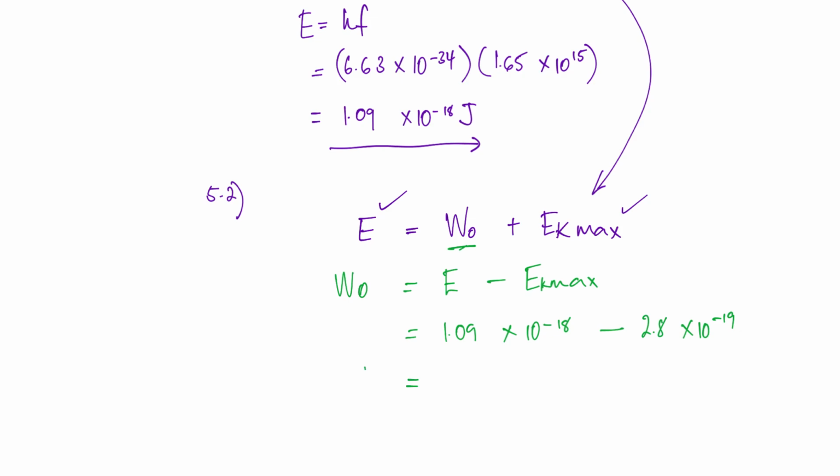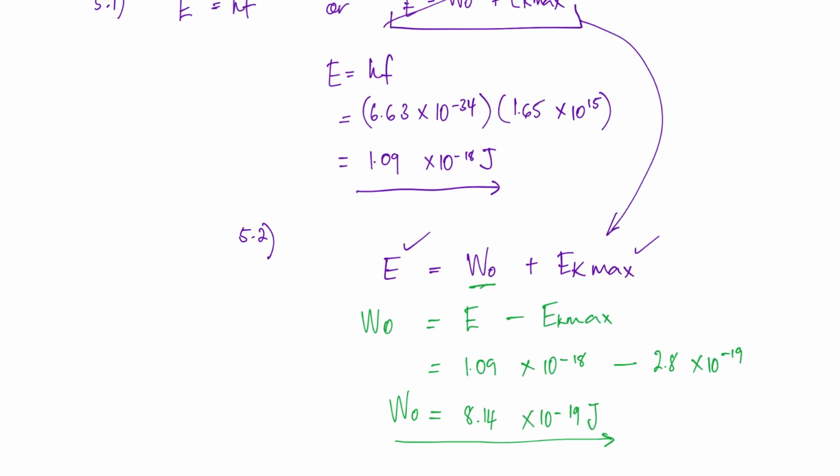And then that should give you the work function: 8.14 times 10 to the power of negative 19 joules. So there we go. That's how you would answer a question like this.